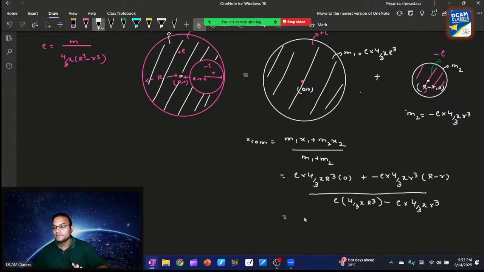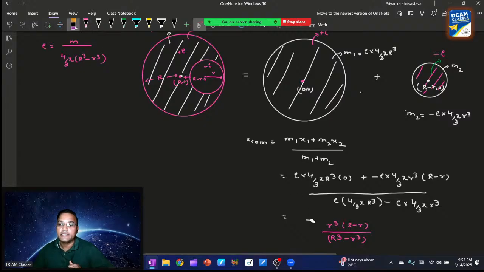You can solve it, easy. The answer will be rho into 4/3 pi r cube into capital R minus small r, over capital R cube minus small r cube. Like this kind of result you'll get.